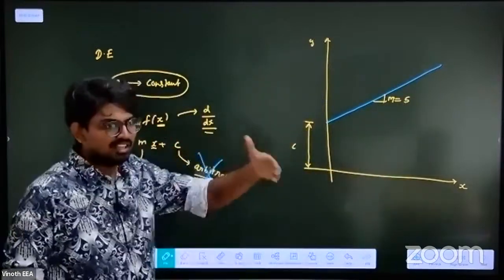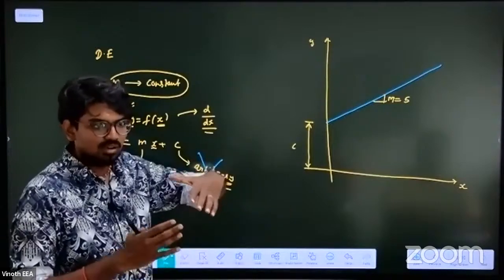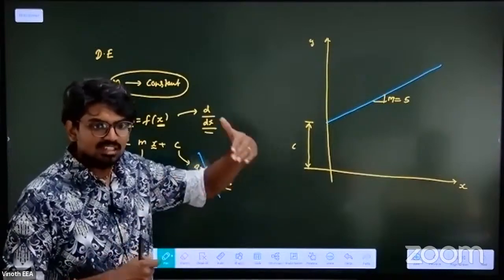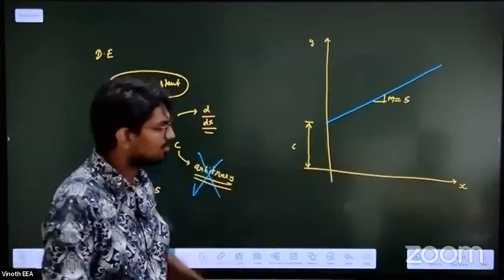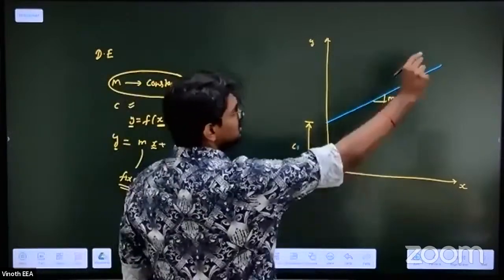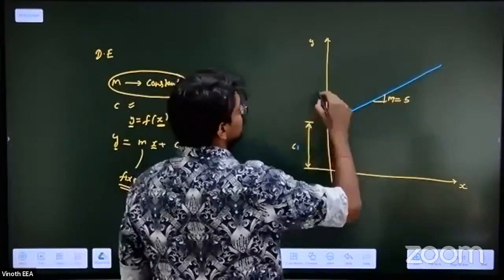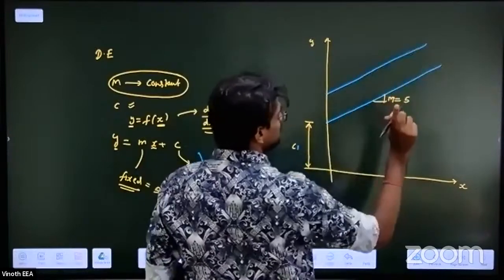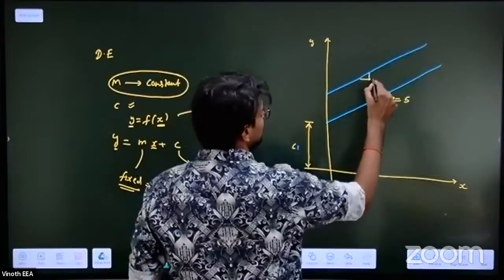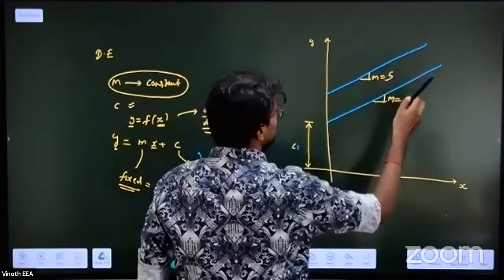But c can vary. I'm going to draw different straight lines with different c values. For example, for c1, this is my line. If I take c2, I will get a line like this, but my slope should remain constant.